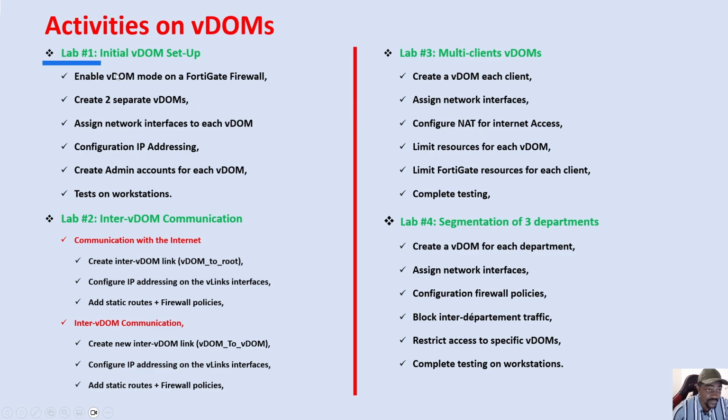The first activity on the vDOMs was the initial setup of vDOM, where we saw how to enable vDOMs, how to create separate vDOMs, assign IP addresses, or configure DHCP addressing on each vDOM.